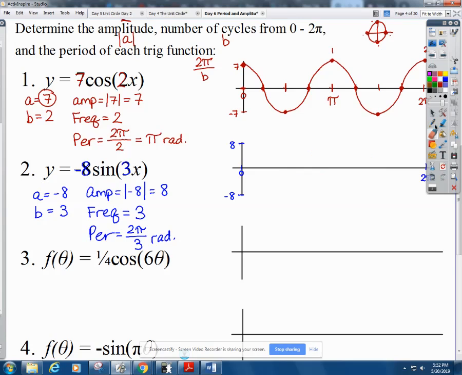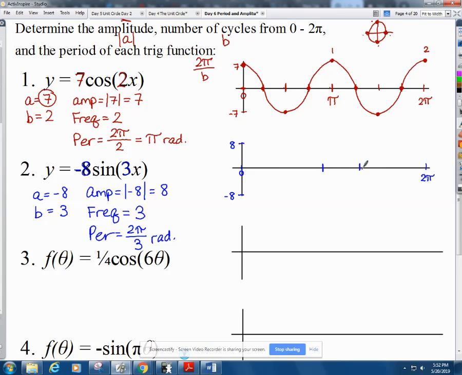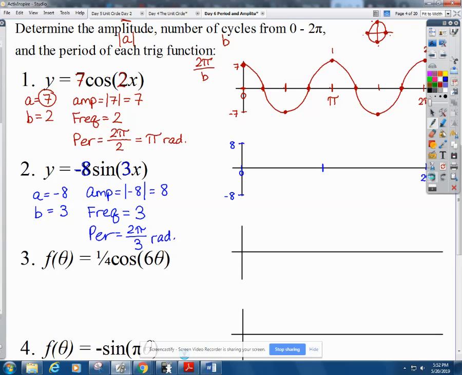Okay, so if you had plotted this and you said, okay, I'm going to split this into thirds, and you said, okay, here and here. Well, those 3 sections are totally not even. That doesn't look good at all. So when you do it, you want it to look good.